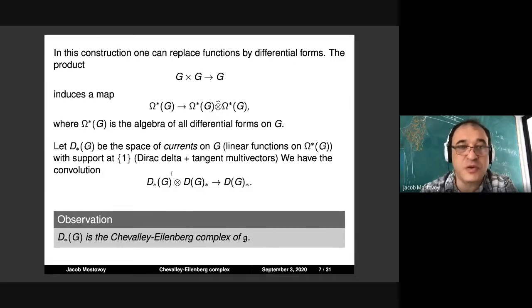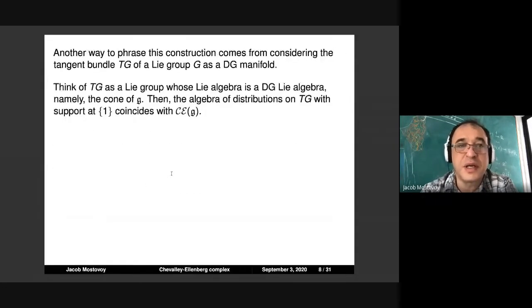So there is another way to look at it. These are all the same things, but this is just another way to look at it. If we have a Lie group, you can think of its tangent bundle as a differential graded manifold, so to speak. I don't want to say anything about differential graded manifolds.